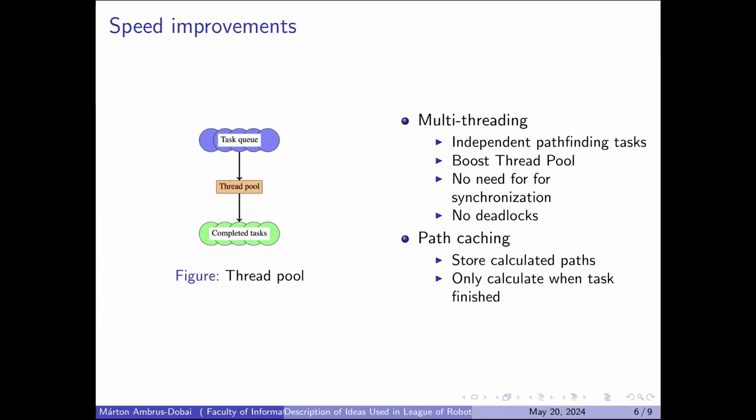They only require the map as the input and the starting and the finish position. When I plan for an agent, I don't count any other agent's movement or anything. So these are independent problems.